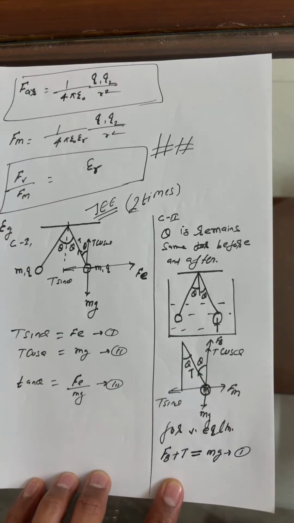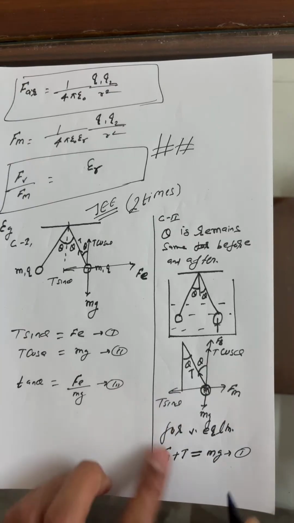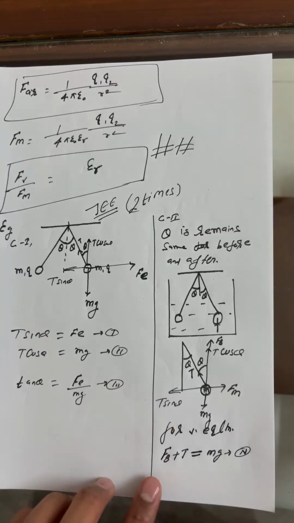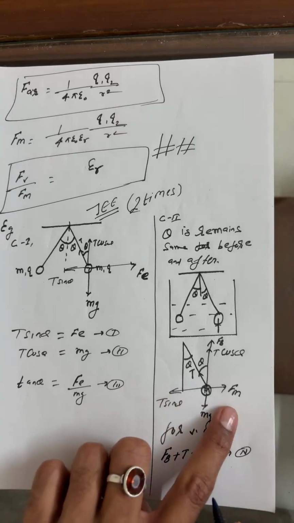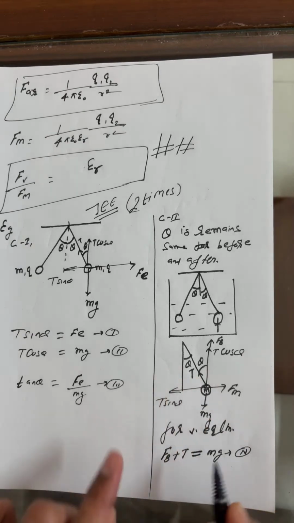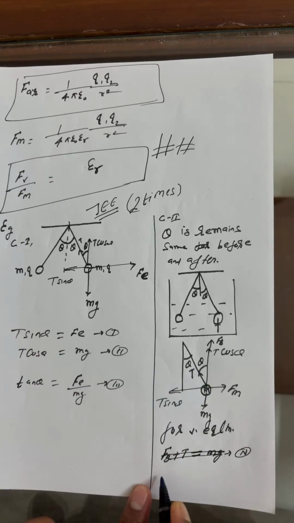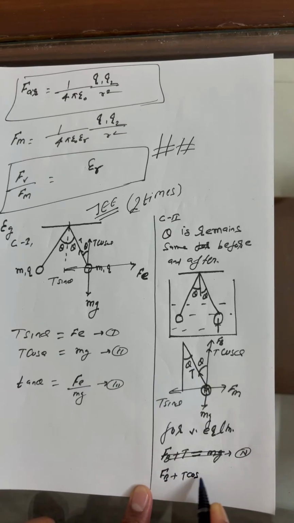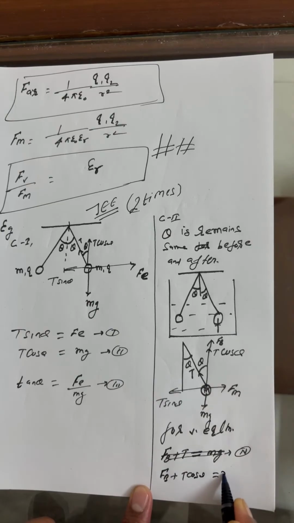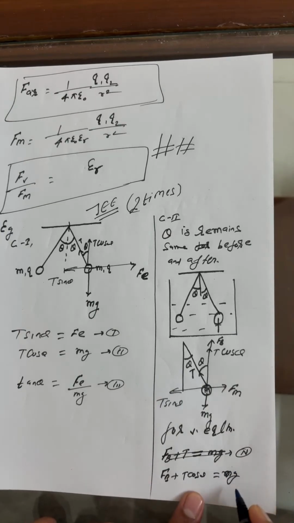Say this is equation number four. There is one thing missing. Write FB plus T cos theta, which equals mg.